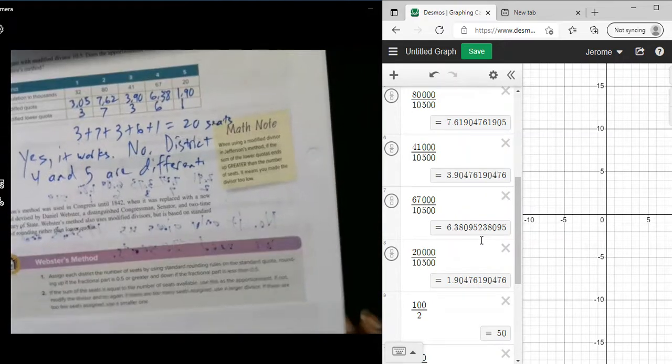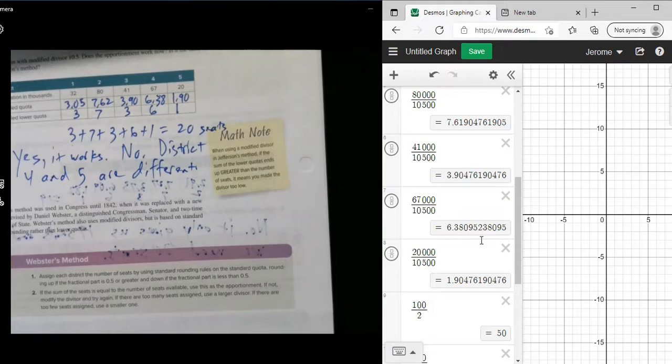Okay. Now it says Jefferson method was used in Congress until 1842, when it was replaced with the new method devised by Daniel Webster, a distinguished congressman, senator, and 2-time Secretary of State. Webster's method also uses modified divisors, but is based on standard rules of rounding rather than lower quotas.